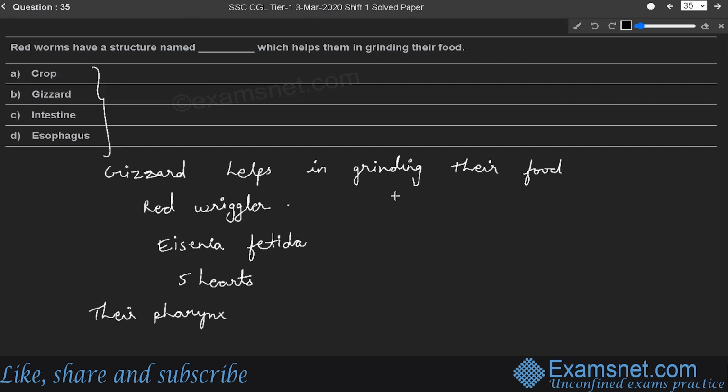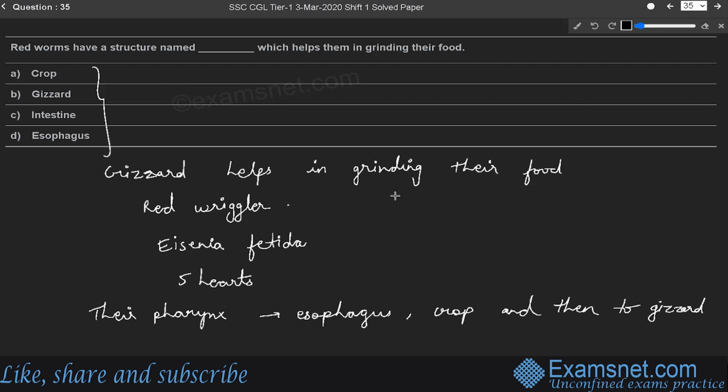sucks in the food that travels down to firstly esophagus, then crop, and then to gizzard. We know that gizzard helps in grinding their food.